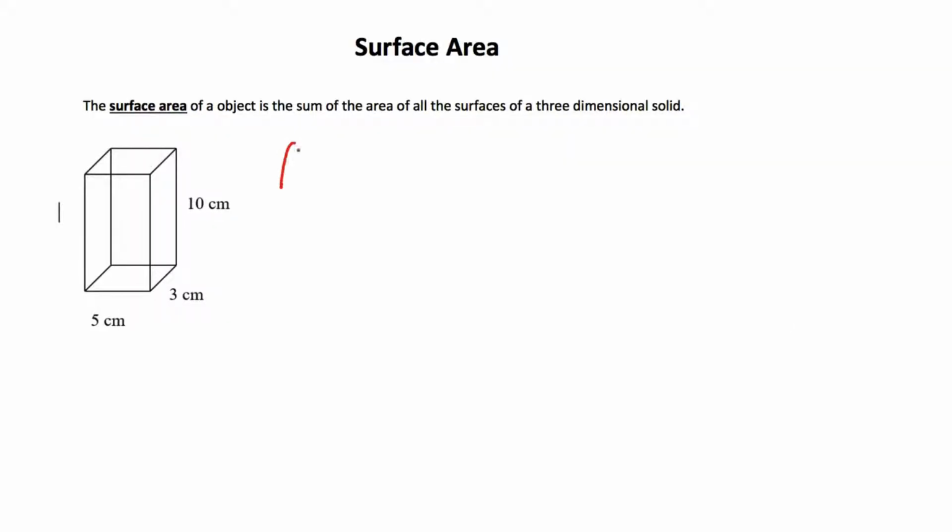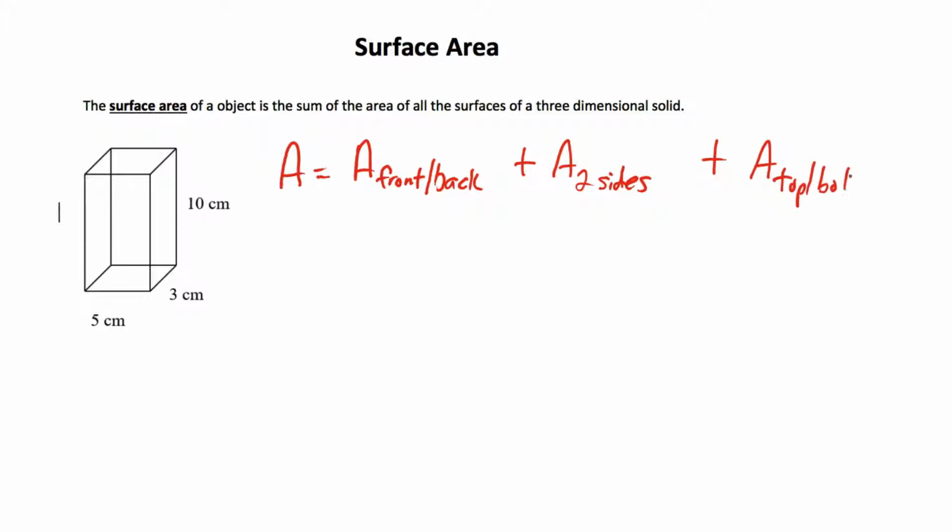Okay, so our area of surfaces will be found by taking the area of the front and the back surface, which we see are the same, and adding the area of our 2 side surfaces, which we can see are the same, and adding the area of our top and bottom surfaces, which we can see are the same when we have a rectangular prism.